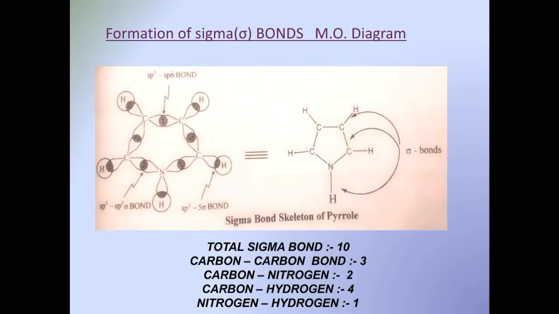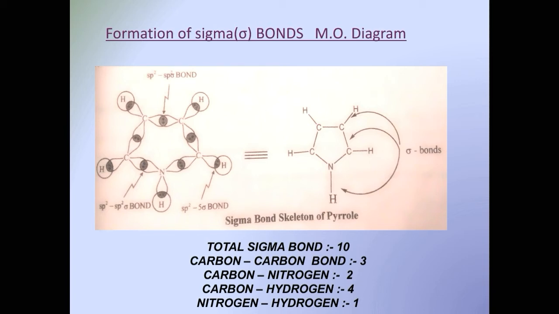So this is the electronic configuration. Now let's see the formation of sigma bonds in the molecular orbital diagram. It contains a total of 10 sigma bonds: 3 carbon-carbon single bonds, 2 carbon-nitrogen bonds, 4 carbon-hydrogen bonds and 1 nitrogen-hydrogen bond. In pyrrole, all carbon and nitrogen atoms contain half-filled sp2 hybrid orbitals.